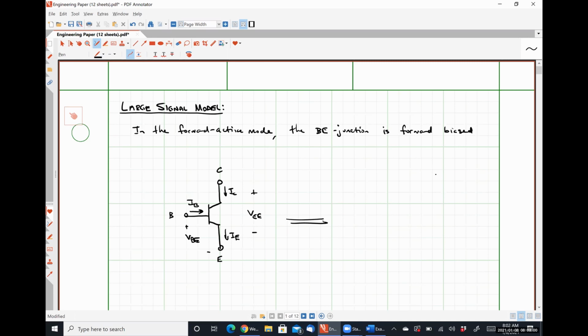So our large signal model, since we have a forward bias junction between the base and our emitter terminal, we are going to put a diode where this voltage drop will be VBE, and this will be our base current IB.